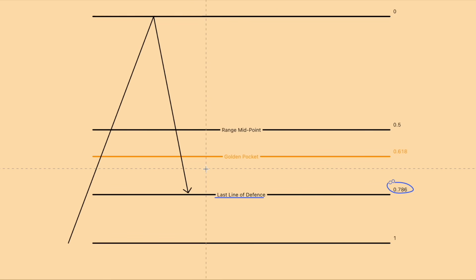It means sellers are back in control. I would use this level as your last support zone for invalidation. I only care about three zones: the 0.5 for reaction, the 0.618 for continuation, and the 0.786 for trend survival. If we lose them all, it's not a retracement, it could be a reversal.